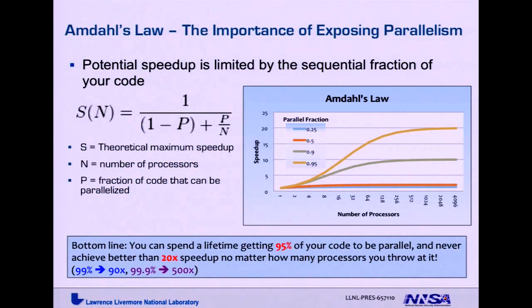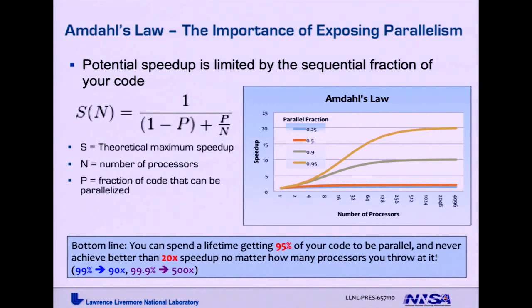Amdahl's law. So this is another piece of computational theory that the first time you learn about it, you think, oh, why do we even bother with parallel computing? What it says is that your potential speed up that you're going to get out of doing things in parallel is going to be limited by how much parallelism you're able to express in your algorithm.